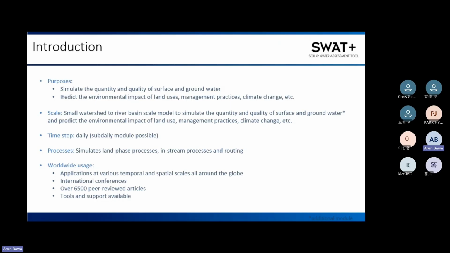And for all this support, you can just go to the SWAT website, and there is a support tab, and there are many ways you can connect with us. I will show you later on. We are trying to resolve the issues you are facing every day. So feel free to reach out to us if you face any problem at any moment.